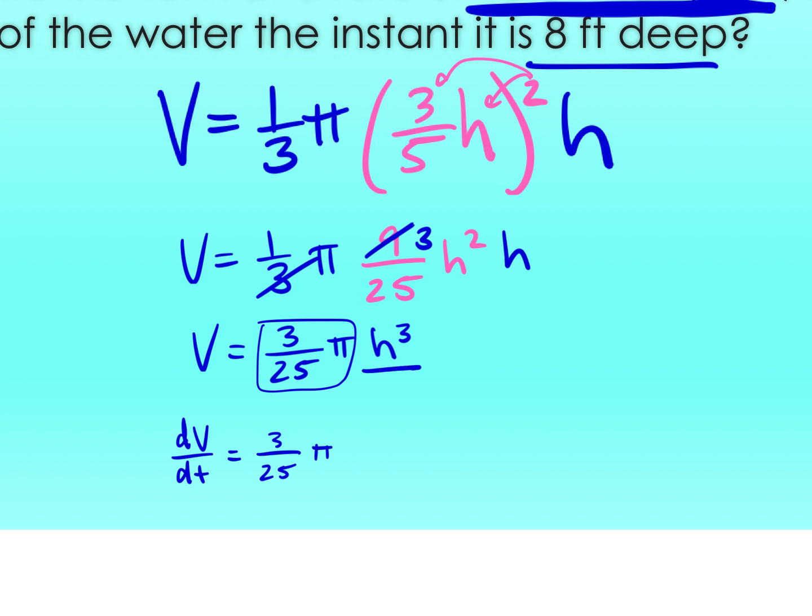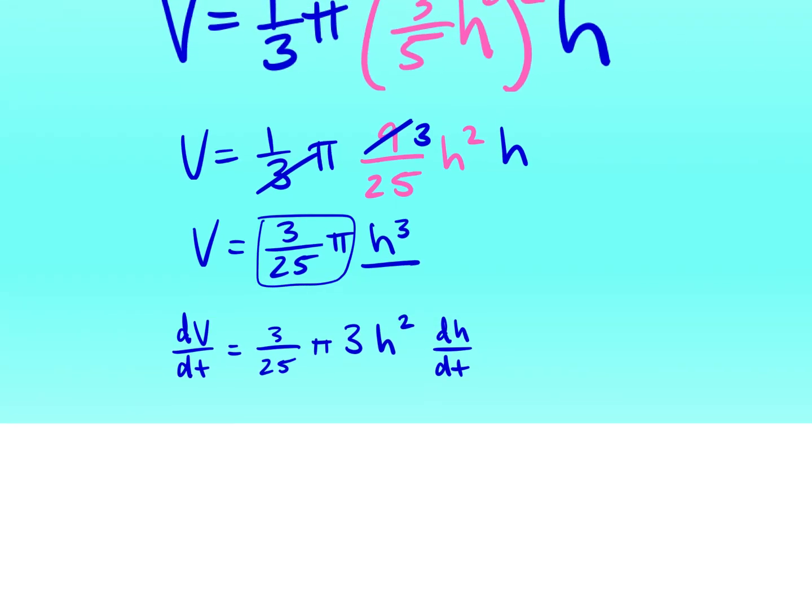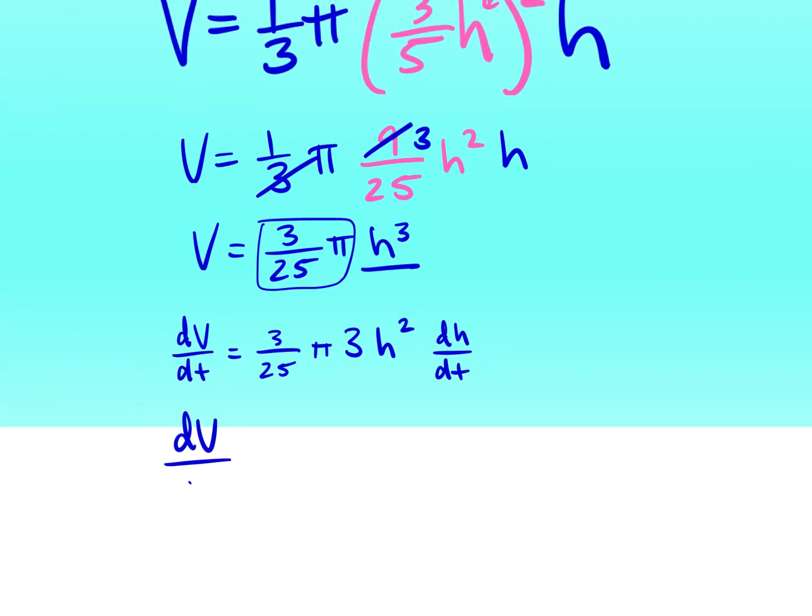Then we just take the derivative of h cubed. So our derivative would be 3h to the second power. What are we missing? dh over dt. So dV over dt is equal to 9 pi over 25 h squared dh over dt.